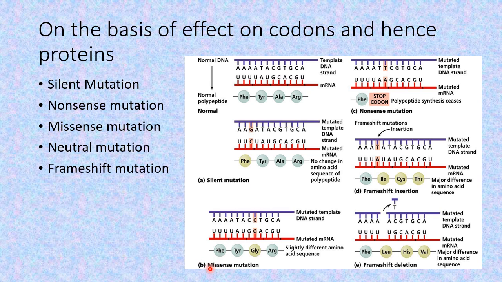Another type is the missense mutation. Now if there is replacement of another nucleotide, cytosine, this is the mutated template. So instead of AAG in the original template, this guanine is replaced by cytosine.